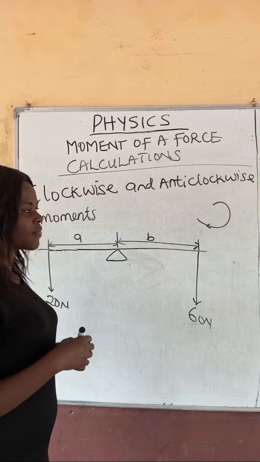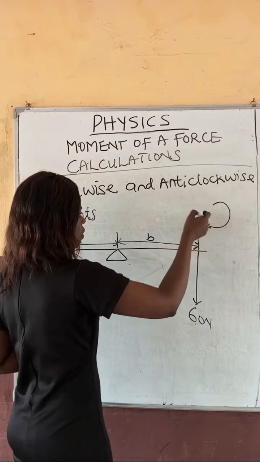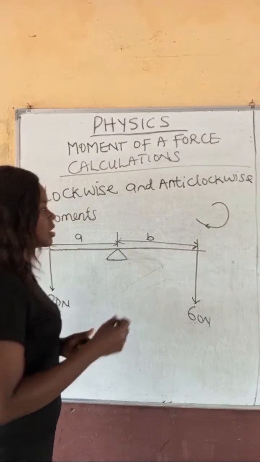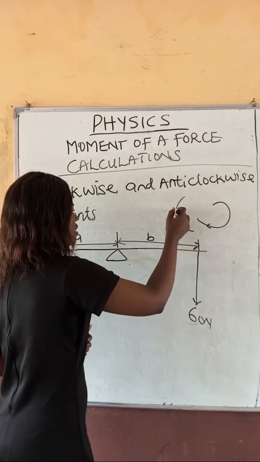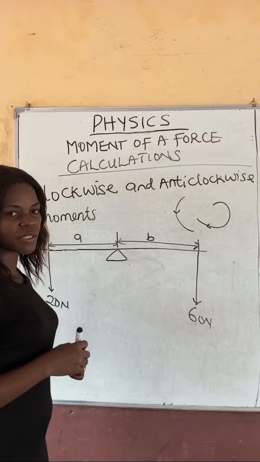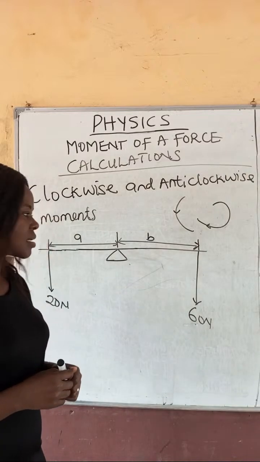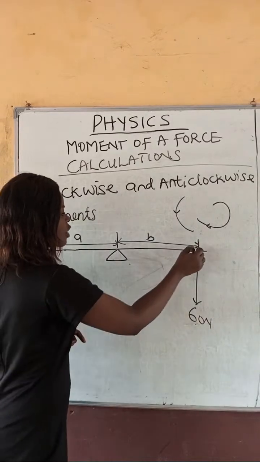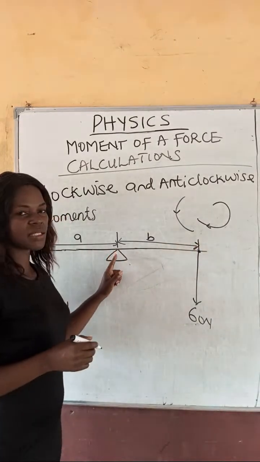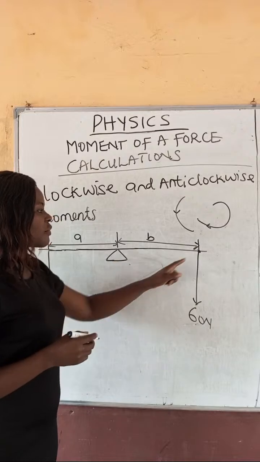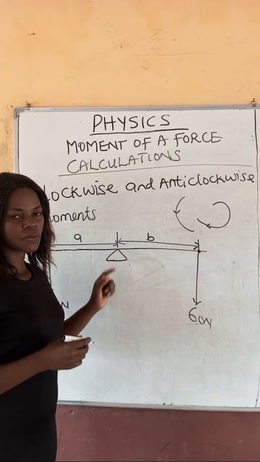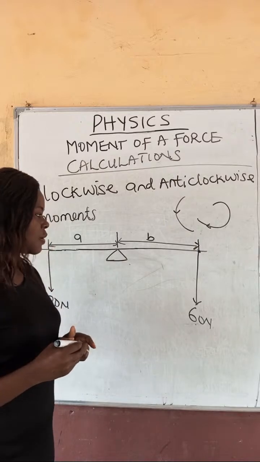But if you consider the opposite of it, this becomes anti-clockwise moment. Do we get it? We are considering from where the force was hung to the center of the pivot. Do we understand? I will explain further on that.